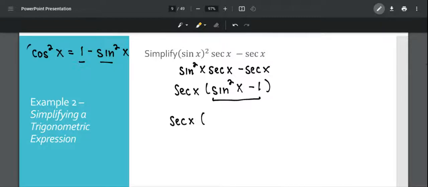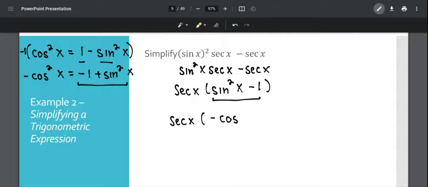So if you want both of those to be opposite, then we need to multiply everything by negative 1. So if you multiplied everything by -1, you would get negative cosine squared equals -1 plus sine squared. And -1 plus sine squared is the same thing as sine squared minus 1. So we could replace that with a negative cosine squared.